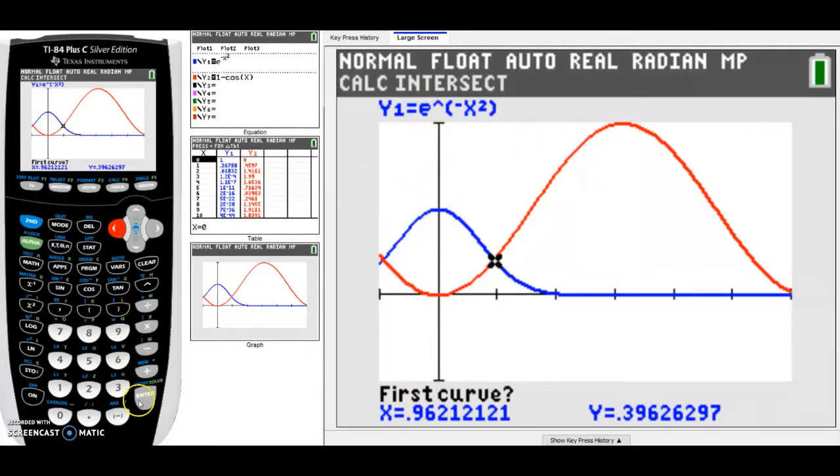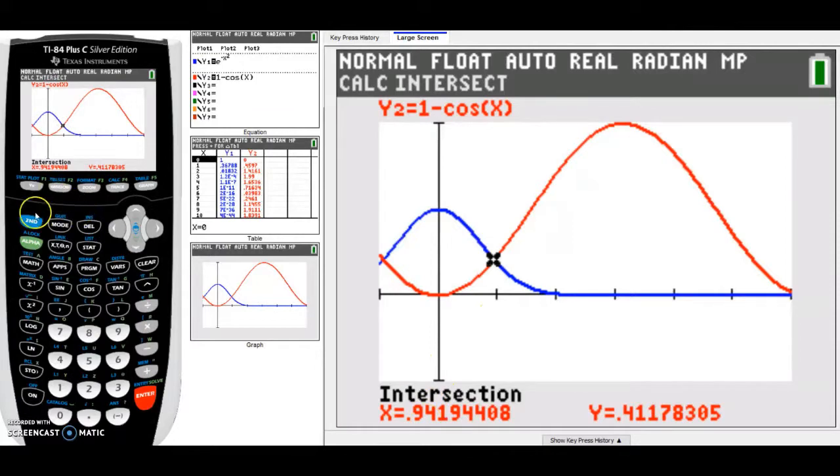First curve is the blue one, press enter. Second curve is the red one, press enter. And then finally, we're guessing this intersection point as opposed to the one over here, so we hit enter when we're close to that one. And we get an intersection at x equals 0.941, as I suspected, just shy of 1.